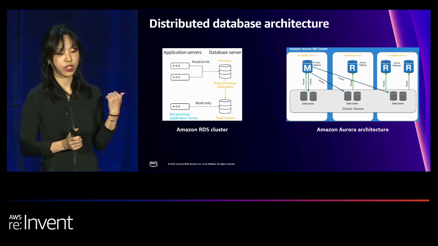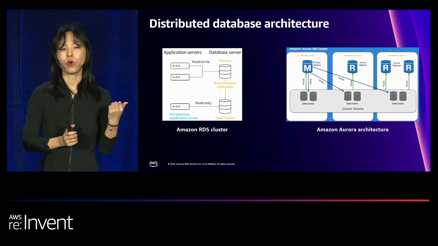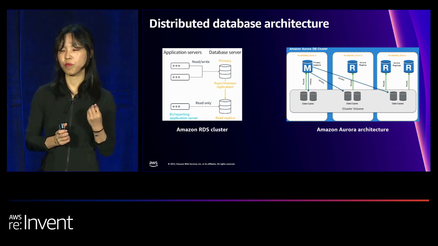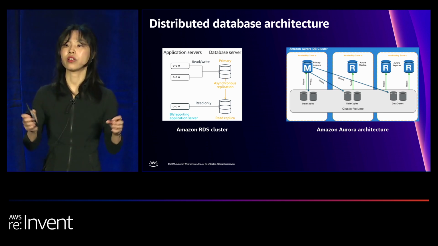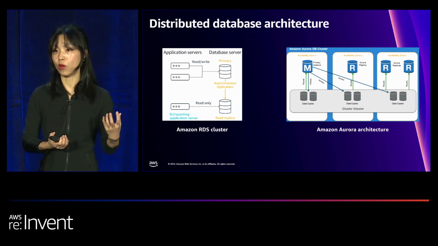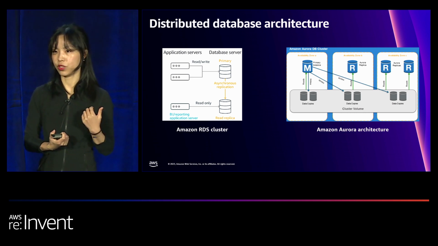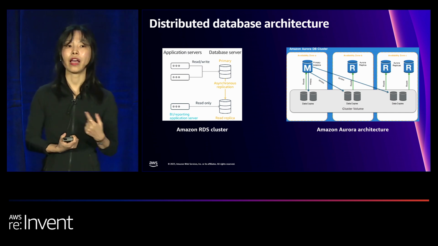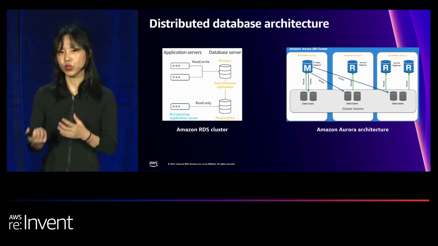For example, in this shared storage or shared disk distributed architecture, all of the computing nodes will visit the single shared storage, like here is the cluster volume. Maybe it's cloud computing storage. So it's Aurora's architecture. And for the computing nodes, you can see here, they have different roles to take care of the computing work.